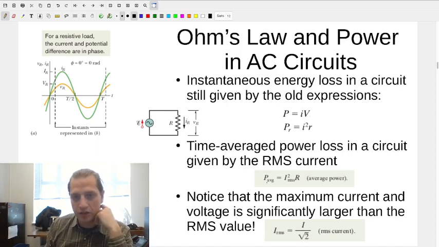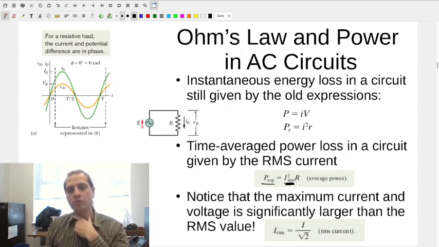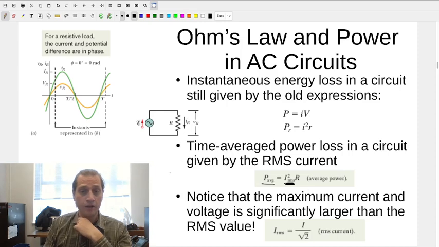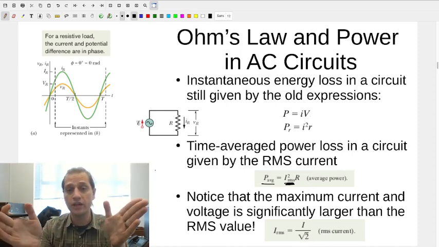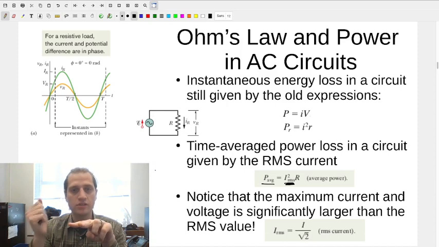So instead, we think about the average power, which depends on the RMS current. But just to be clear, that RMS current is not the maximum current. And when we talk about 120 volts on your wall, that 120 volts is not the maximum voltage that's being applied between the two slots on your outlet.